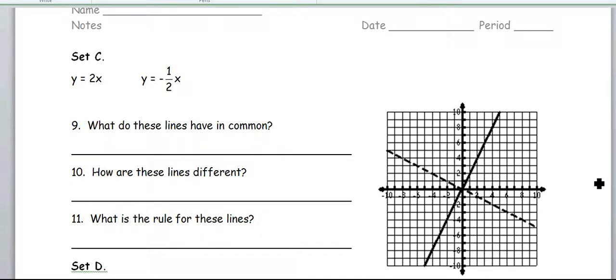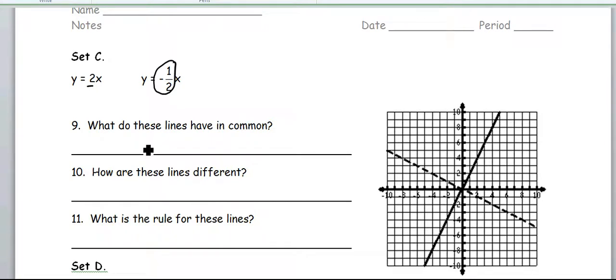All right, so let's look at something here. This is a different slope than this. So what do they have in common?